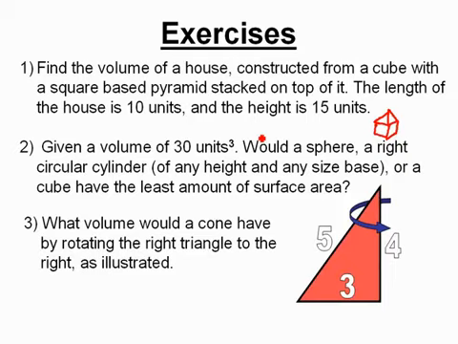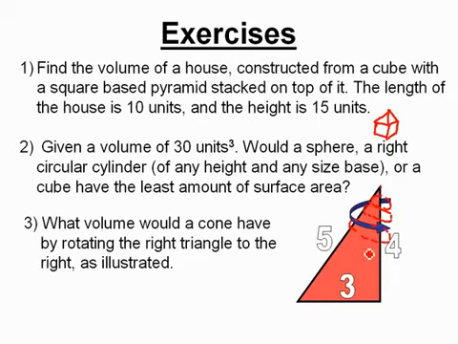And finally, what volume would a cone have by rotating a right triangle to the right, as illustrated? So you'll see that you're rotating along here, so you're going to get a cone like that, and that, and that, and so on. So you're going to get a cone like that.